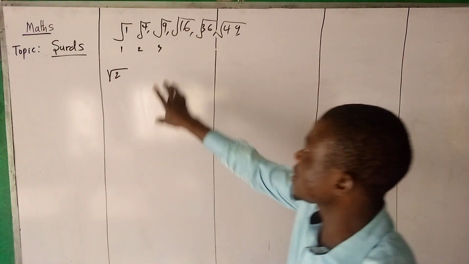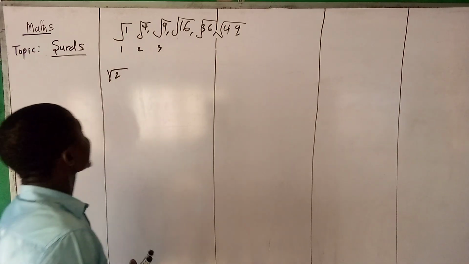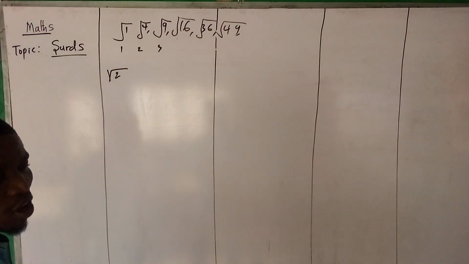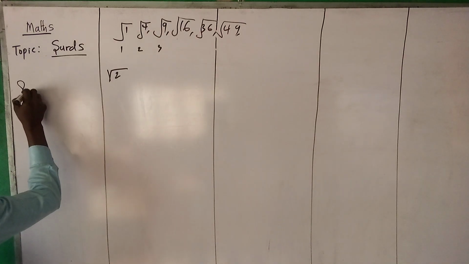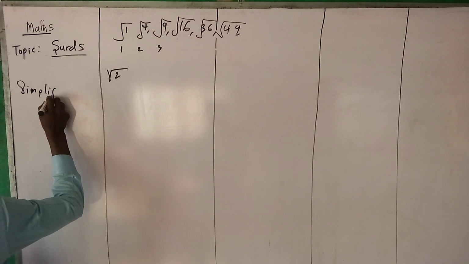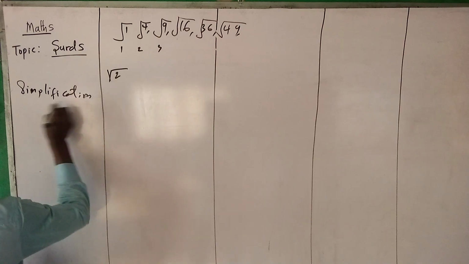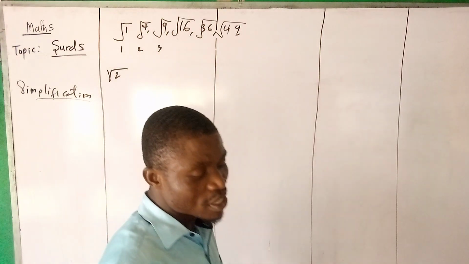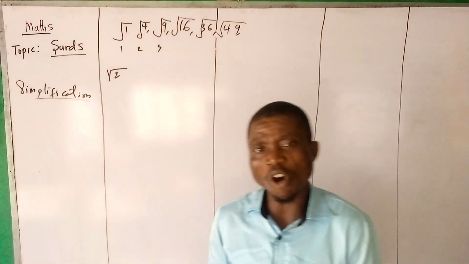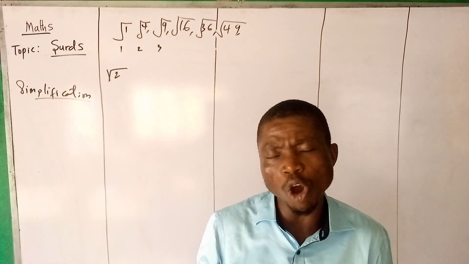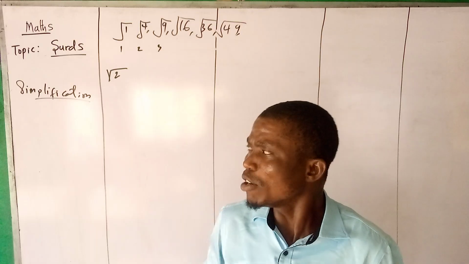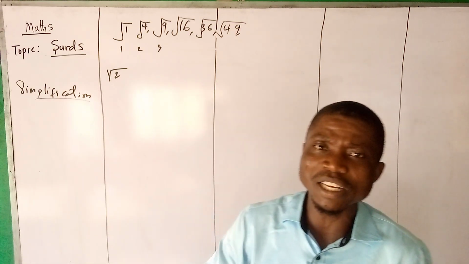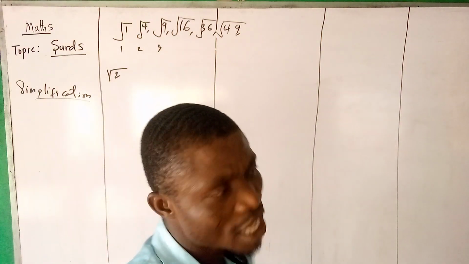Now, having understood the meaning of surd, the next thing is to discuss simplification of surds. How to simplify surds? Simplification of surds simply means reducing a surd to its lowest or basic form. When you bring a surd to its basic form, then you have actually simplified that surd.